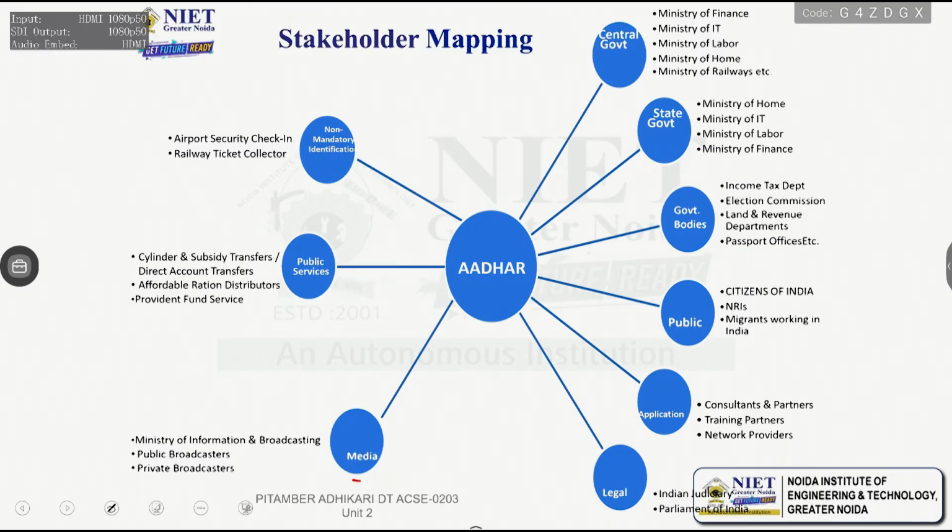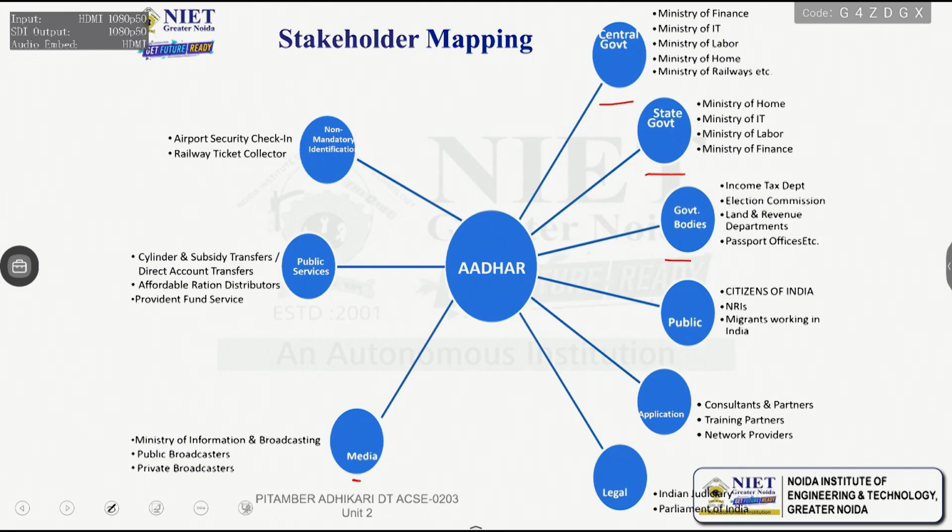By applying stakeholder mapping. If the problem is Aadhaar, we will first note down the different stakeholders that are related to Aadhaar. We have the central government, the state government, and different government bodies that are related to Aadhaar.